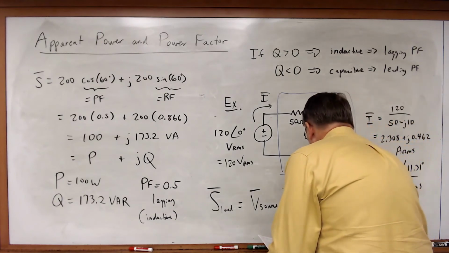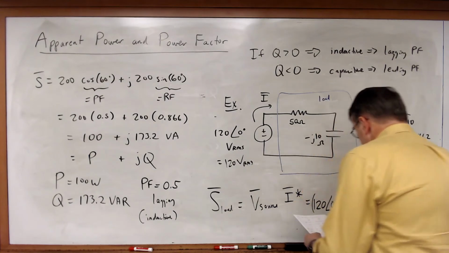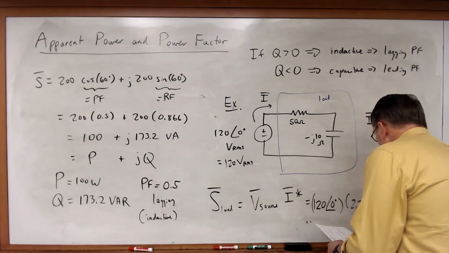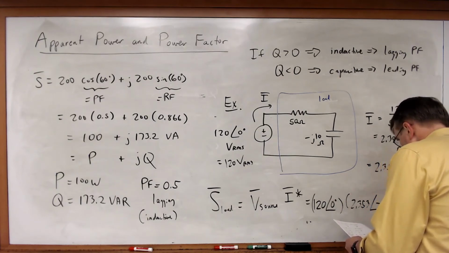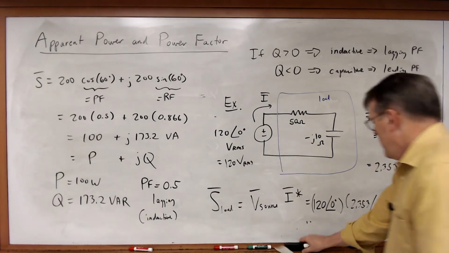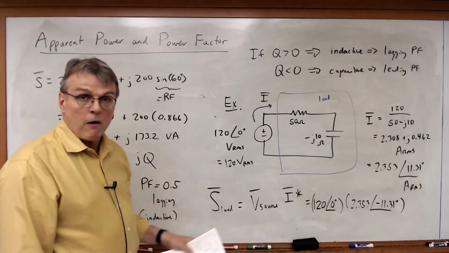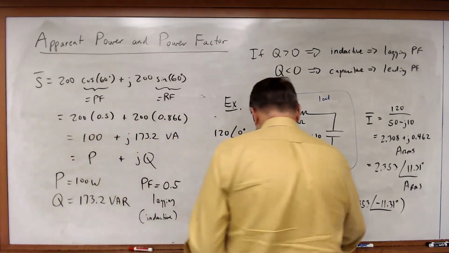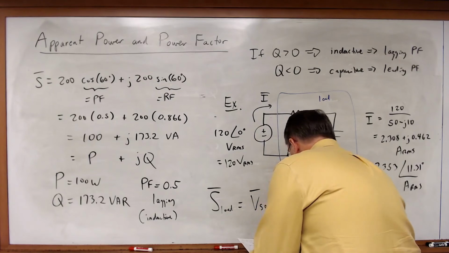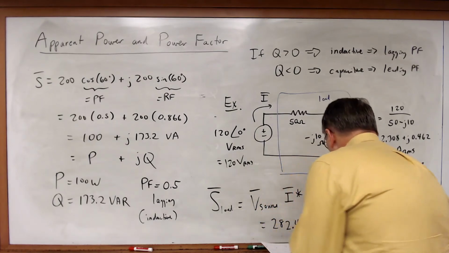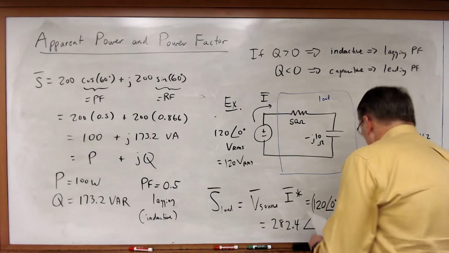And this will be equal to 120 at a phase angle of 0 degrees times 2.353 at a phase angle of minus 11.31 degrees. There's no factor of divide by 2 in this because I'm operating with RMS phasors. And this will just be equal to 282.4 at a phase angle of minus 11.31 degrees volt amperes.